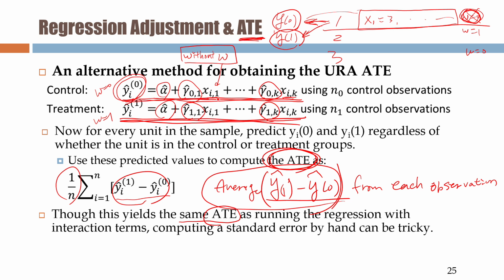Using the two separate regression models, you predict y0 and y1 for each observation, calculate the difference between these two estimates, and then take the average. That will be the average treatment effect. That's an easier way. However, it's not easy to find out whether it is statistically significant or not. You cannot tell. Okay, that's the end of this chapter.